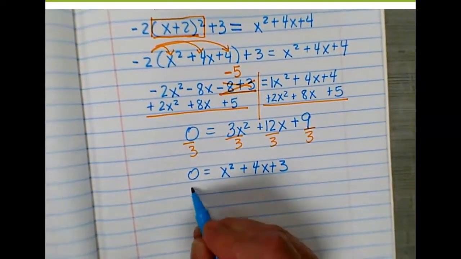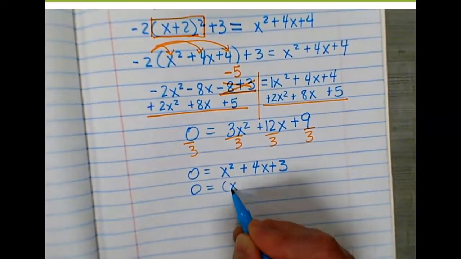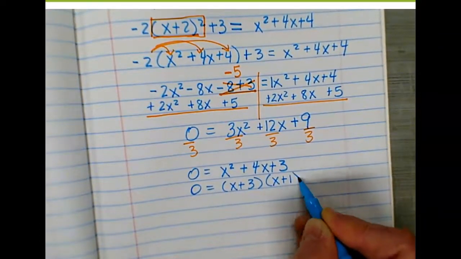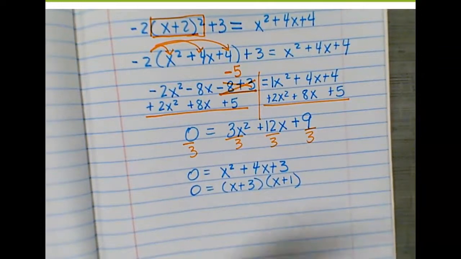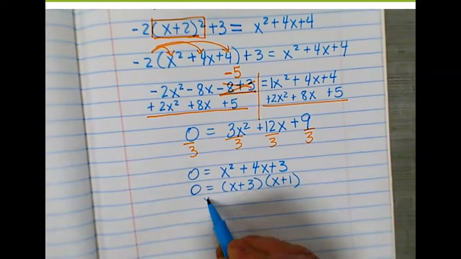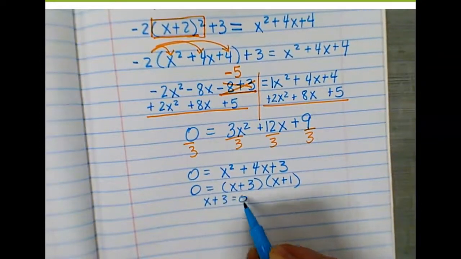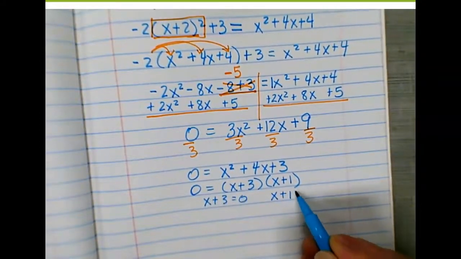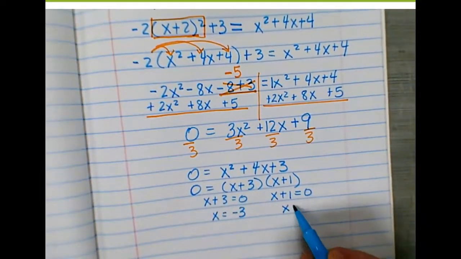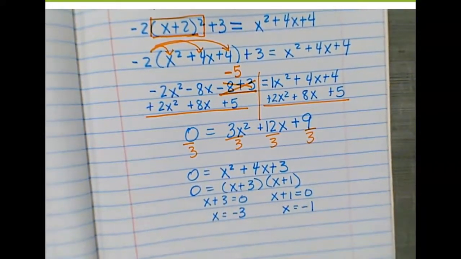The only factors of 3 are 3 and 1. Everything has to be positive here because everything's positive there. x equals -3, x equals -1.